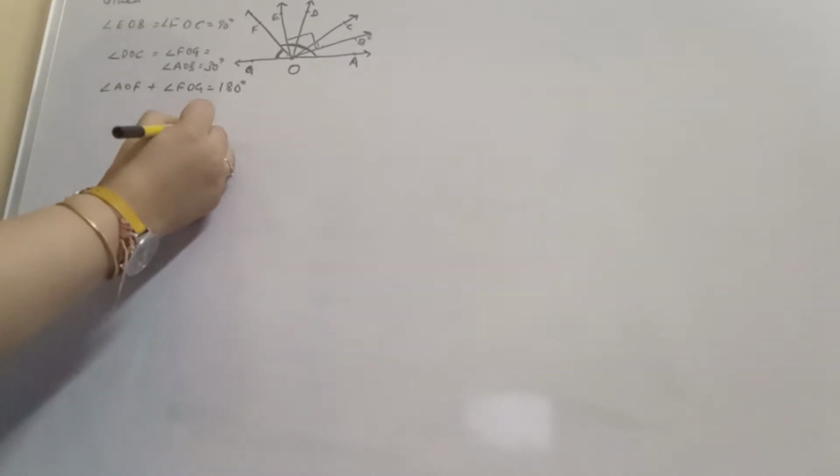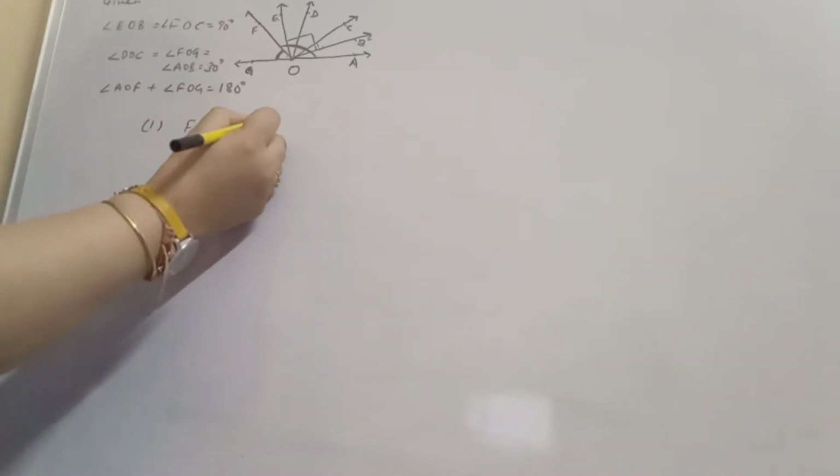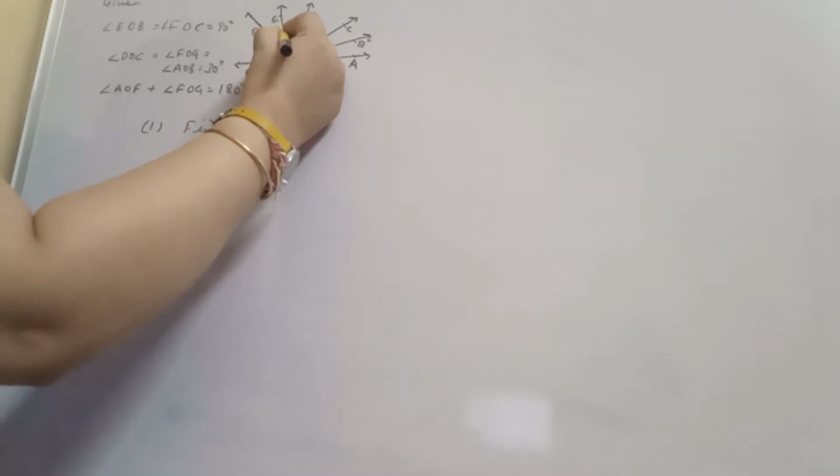First is to find angle FOE. So FOE is this angle, and I mark it here as angle 1, so that you are able to recognize it easily. You have to find FOE. For finding FOE, you need to have some other angles known to you.